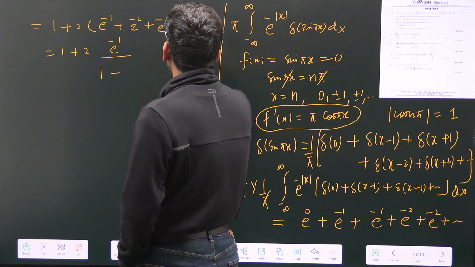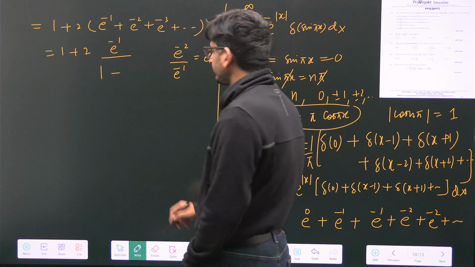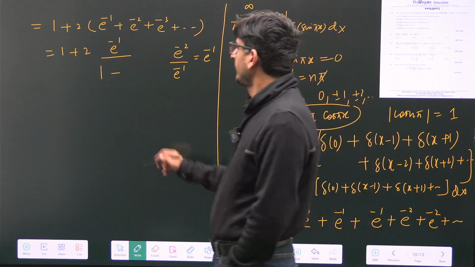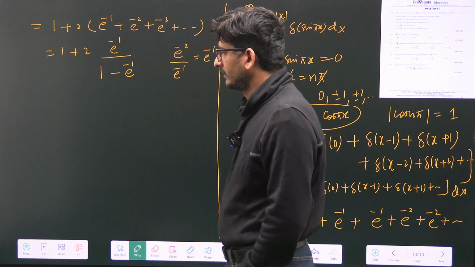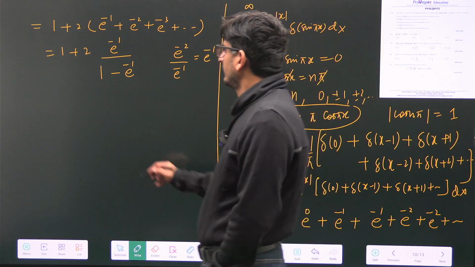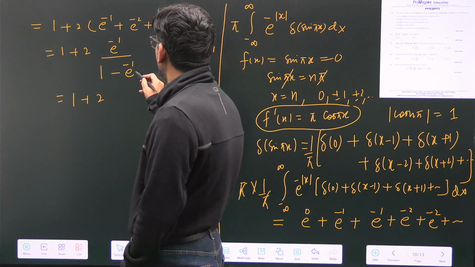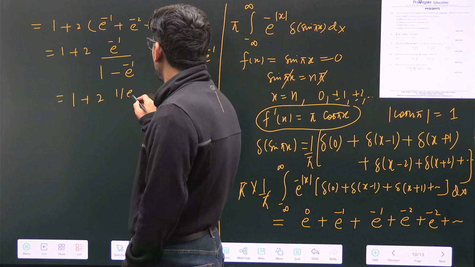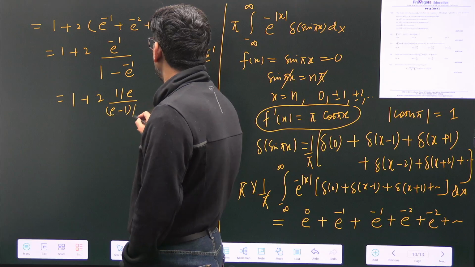So what is e to the power minus 2 upon e to the power minus 1? It is e to the power minus 1. Is it okay? So this will become 1 plus 2 times 1 by e upon e minus 1 by e.